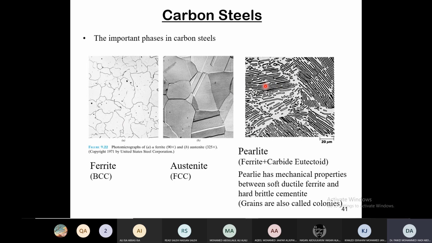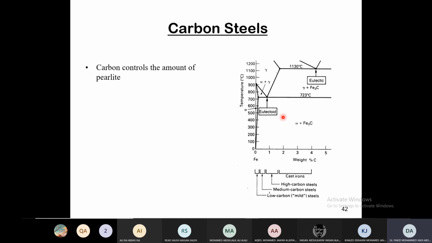So when we have an aggregate of ferrite plus cementite there, the cementite is very hard. Why? Because it has a high concentration of carbon. It makes the perlite phase harder and stronger. It is a combination of these two phases that we have.